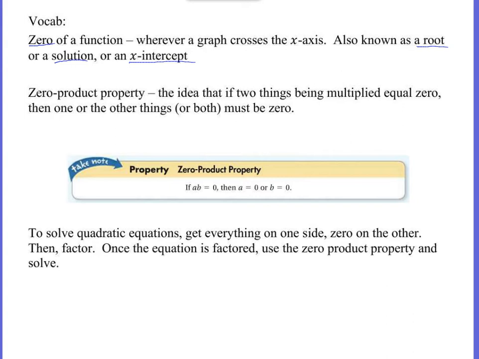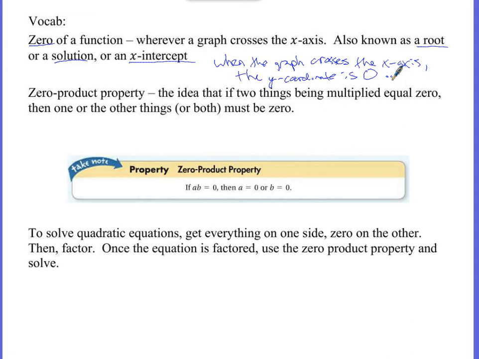So I'm going to add this on here. When the graph crosses the x-axis, the y-coordinate is 0. That is a really crucial thing for our success in this chapter.